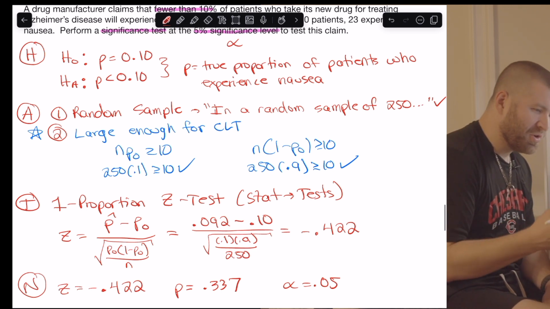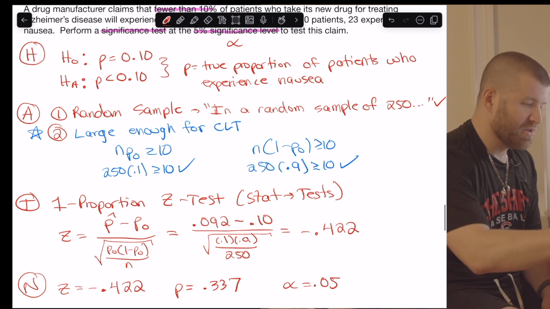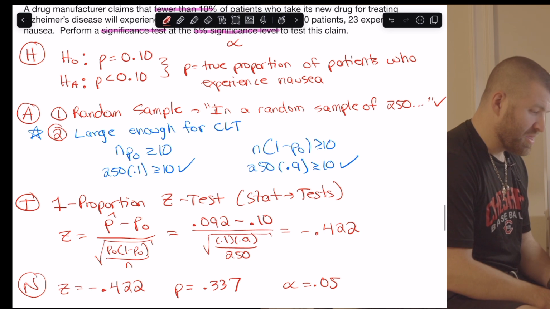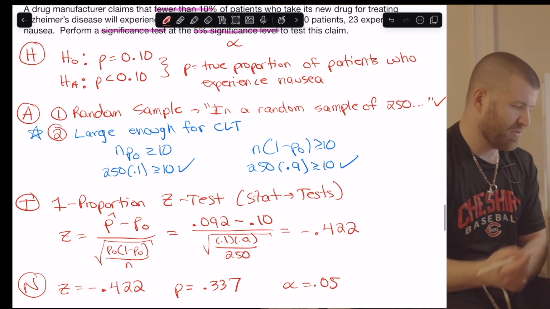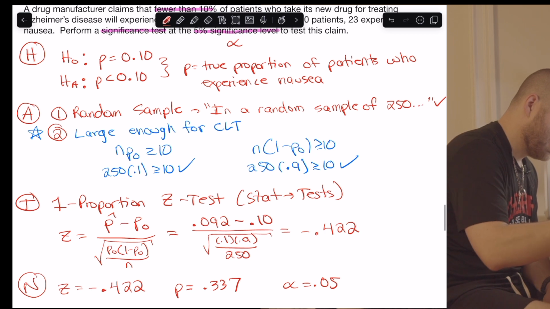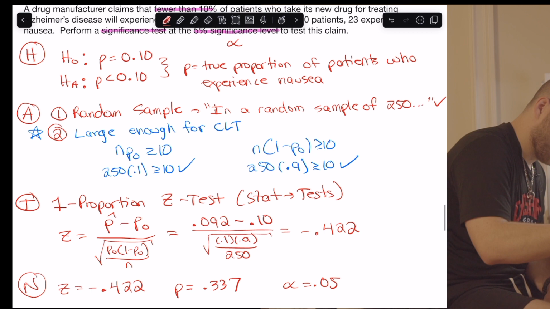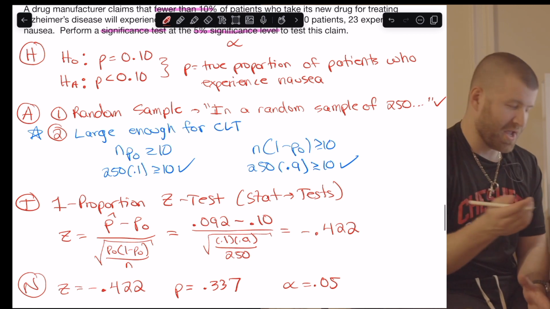So what I'm looking for in this problem as I come to my conclusion here is if I had evidence, then this p-value should be less than my significance level. What this is saying, based on the direction of my alternative, is I wanted to be in the bottom 5%, because we were testing less than.